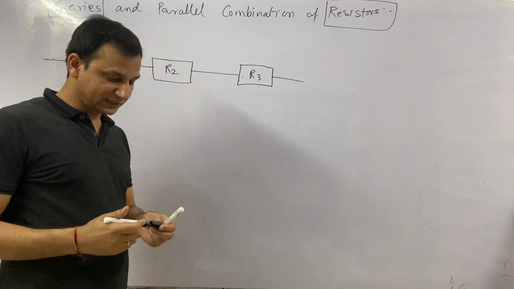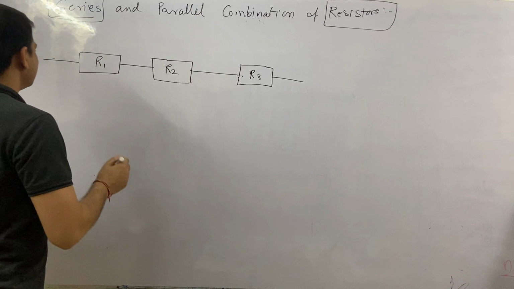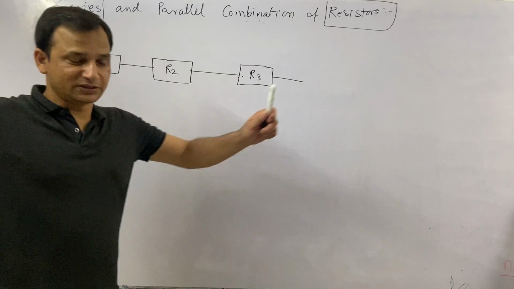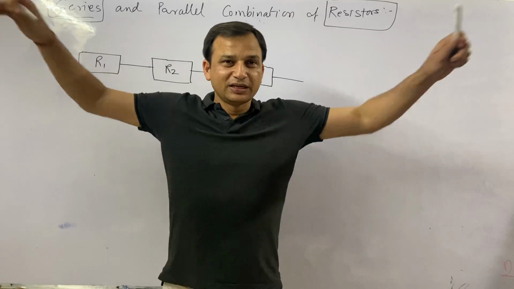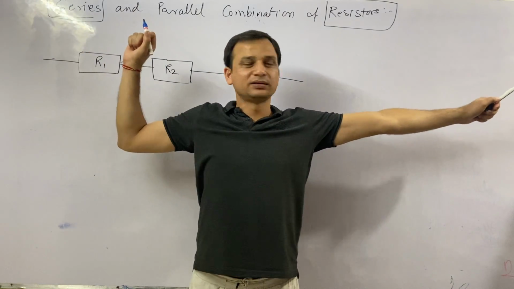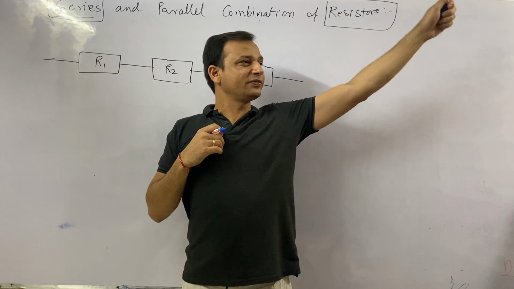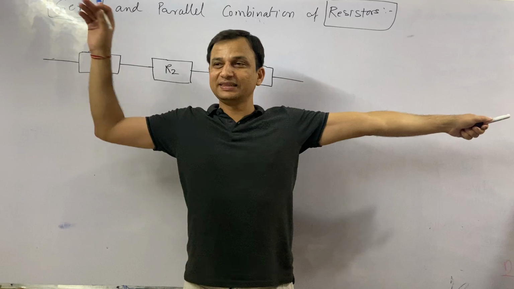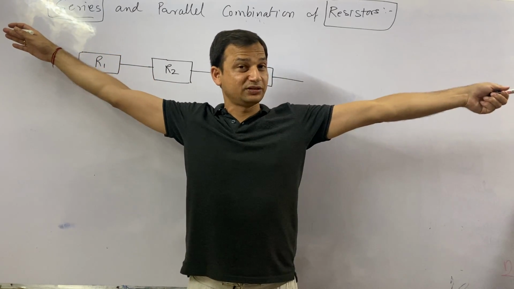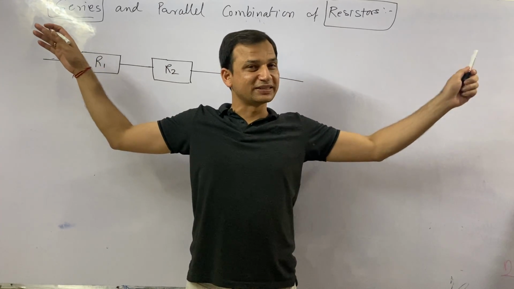To understand what is series and what is parallel, you can use this method. There are two hands of the resistors. Imagine my body is a resistor, then I have two hands like this. If one hand is joined with another resistor and the other hand goes to any other resistor, not to the same resistor, then I am in series with those two resistors.